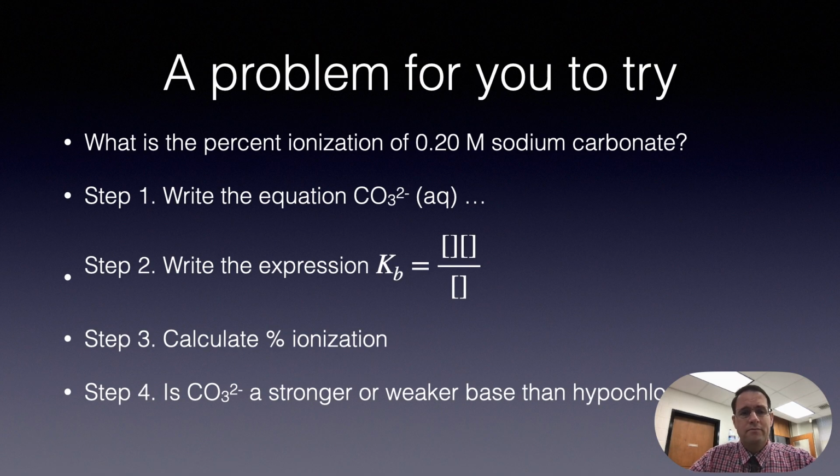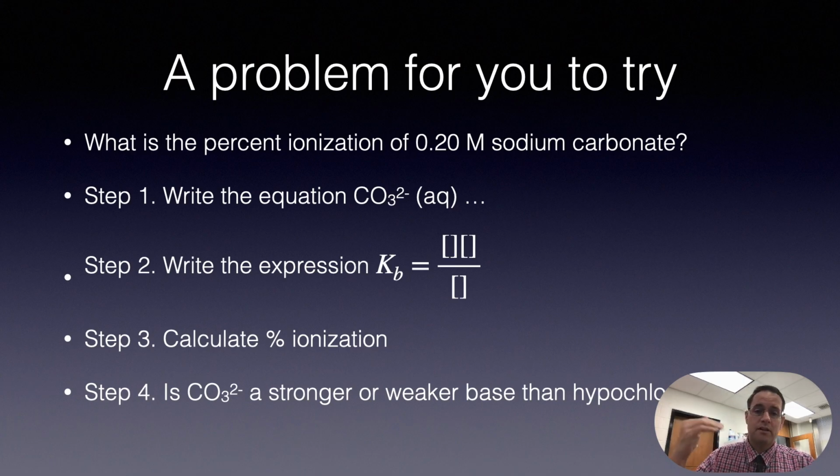So here's a problem for you to try. Follow the same procedure. What is the percent ionization of 0.20 molar sodium carbonate? So you're going to have to do 4 steps to do this problem. You're going to need to write the equilibrium reaction of carbonate reacting with water to form the 2 different things it forms. You're going to need to write out the equilibrium expression from your balanced chemical equation.